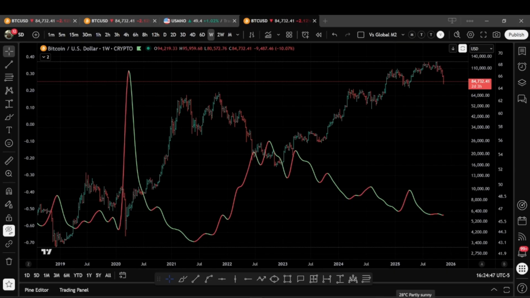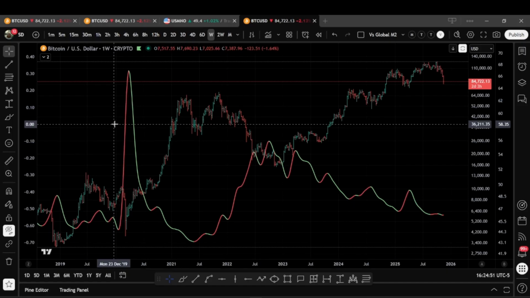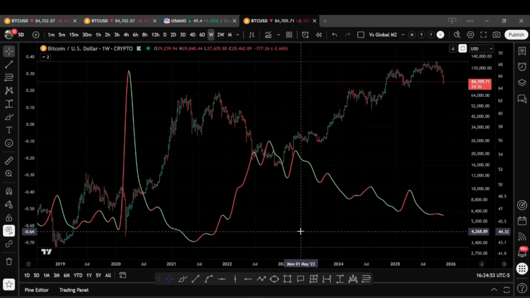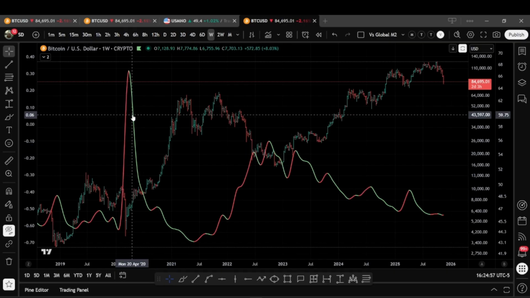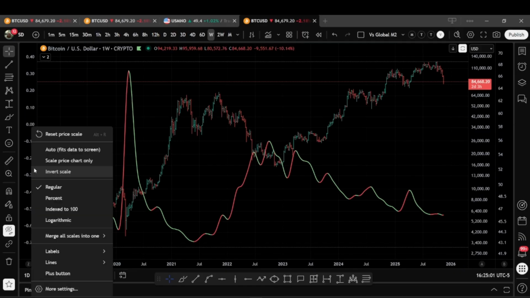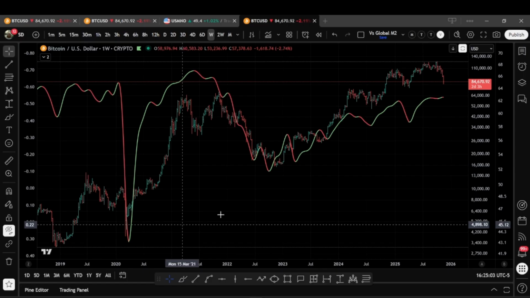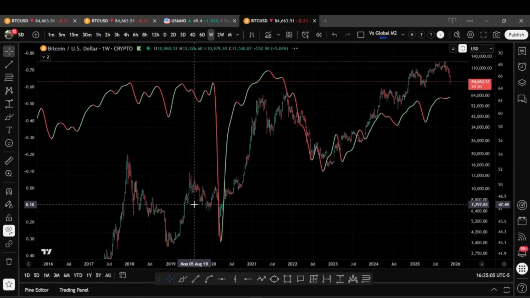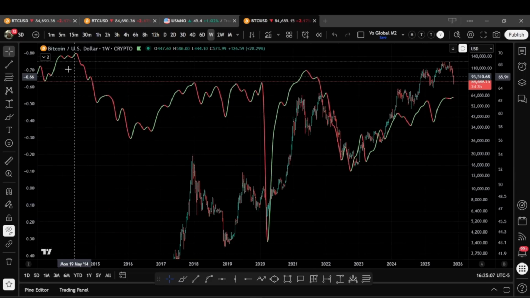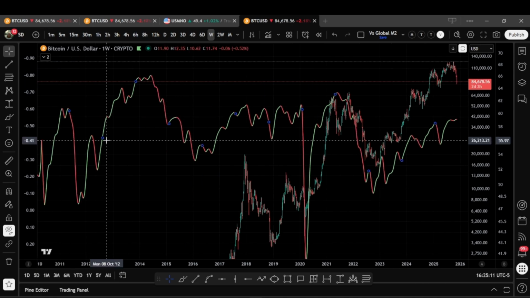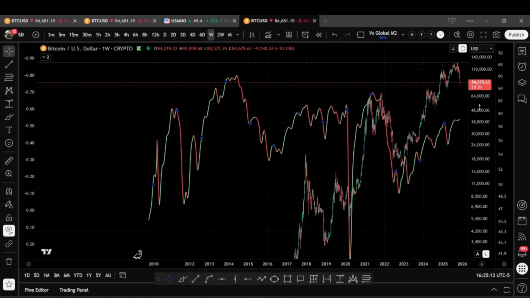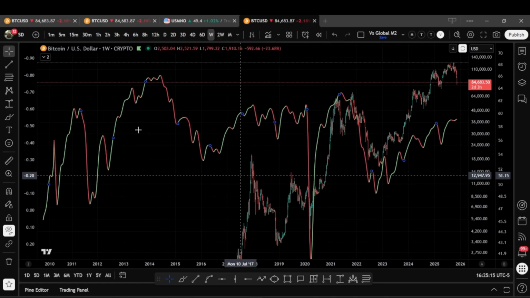As it is, it's not super useful, but we can make some adjustments to increase the utility of this. First of all, let's start with inverting it. Invert scale. Now, does this look like anything that maybe we've seen before, that I've gone over a couple of times?